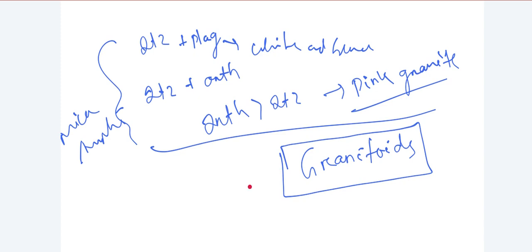This is a non-IUGS term; IUGS means International Union of Geological Sciences, and it doesn't follow granitoid. But in many books, granitoids is there. Granitoid is a very large domain in which granite is a subdomain.